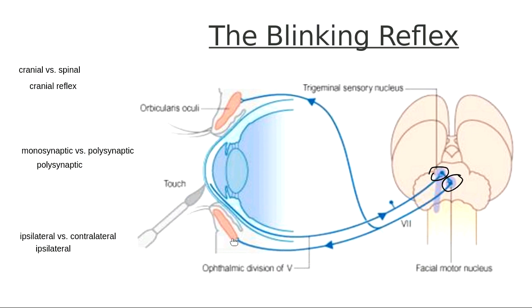So it is ipsilateral. Yeah, we were having a discussion here in the comments. What is it that we're seeing right here? I do think this looks suspiciously like a makeup brush. I'm going to call this a makeup brush. So the blinking reflex is when you're trying to do liquid eyeliner. I completely fail at that.